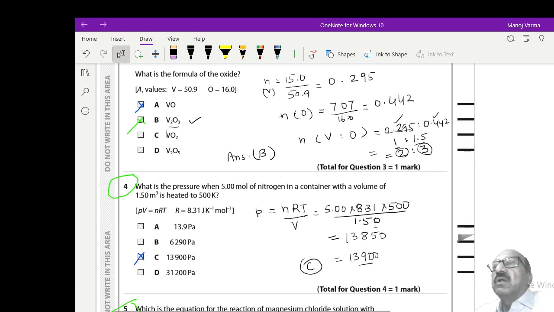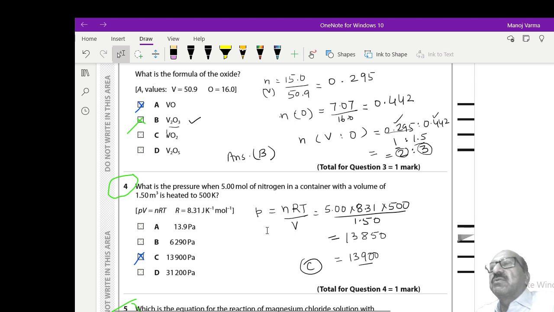Alright, we go on to the next question, which is quite straightforward. What is the pressure when 5.00 mole of nitrogen in a container with a volume of 150 meter cube is heated to 500 K? So the formula is given, PV is equal to nRT, the value of R, the gas constant is given, and you have to find out the pressure.